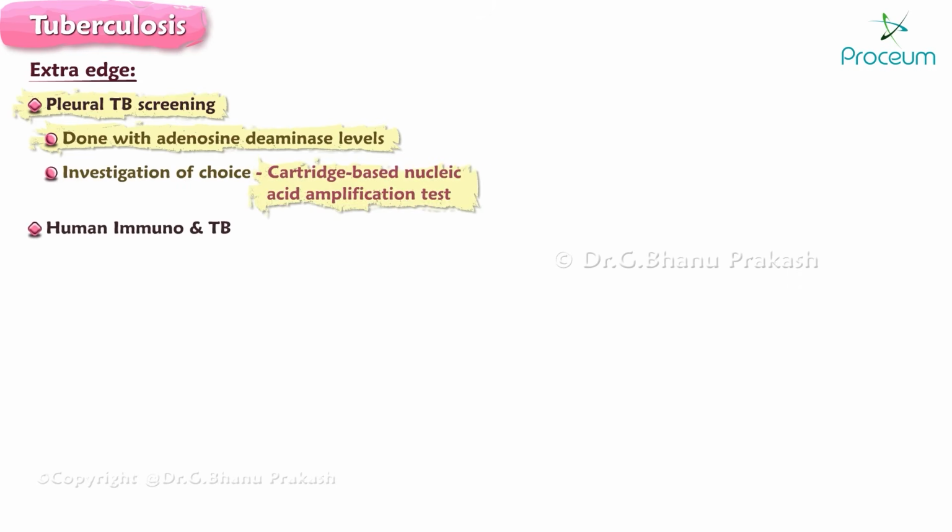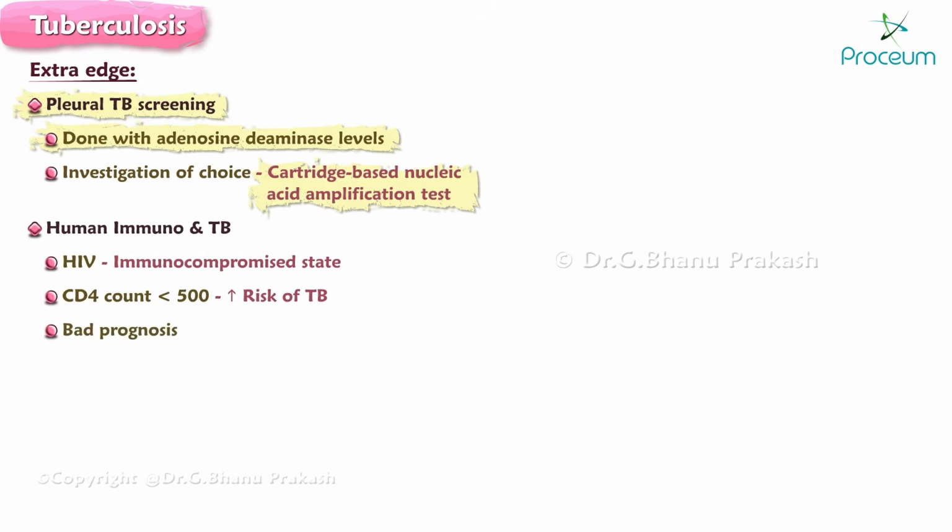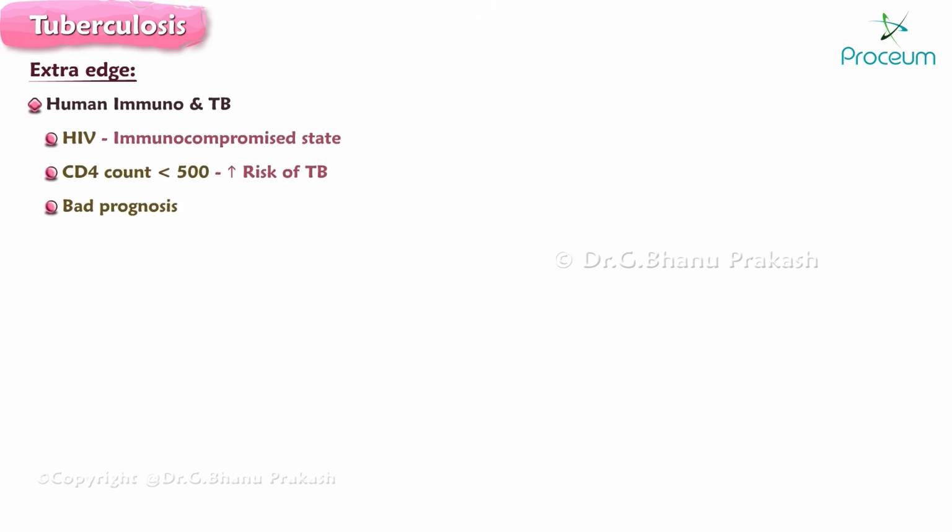Human immunodeficiency virus and tuberculosis. HIV is an immunocompromised state, and when the CD4 count is less than 500, tuberculosis infection becomes likely to occur. Such cases with both infections have a bad prognosis. There are some characteristic features of tuberculosis in an HIV-positive patient.